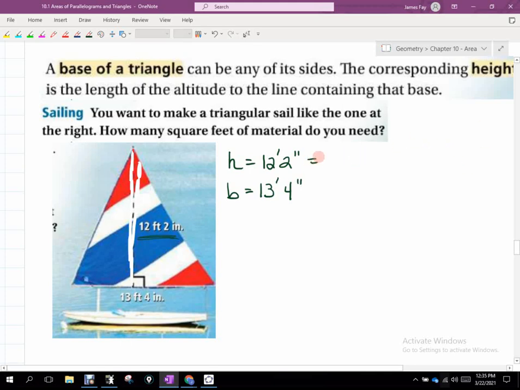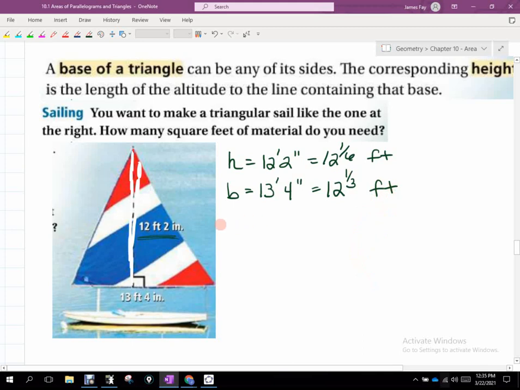So there are a couple different ways you can write this. 12 1/6 feet. Is that okay with everybody? This would be 12, okay, and 4/12 would be 1/3 feet. Is that okay with everybody? So 12 1/3 feet.